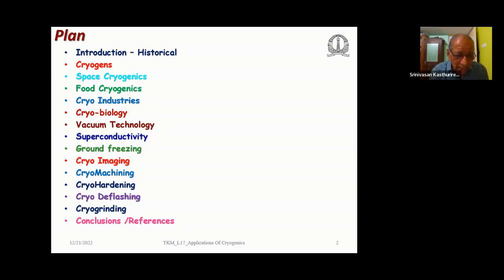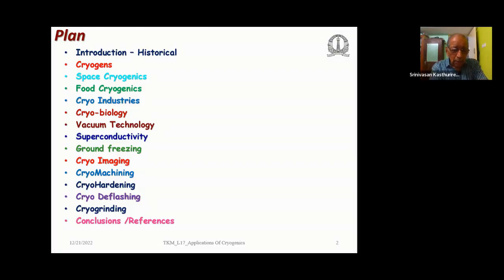Then there is cryo-imaging. Cryogenics is useful for imaging; high resolution images can be obtained using cryogenics. Then machining: cryogenics is useful in machining. Hardening of material: as I told you when we discussed material science, cryogenic treatment of stainless steel, for example, converts austenite to martensite.